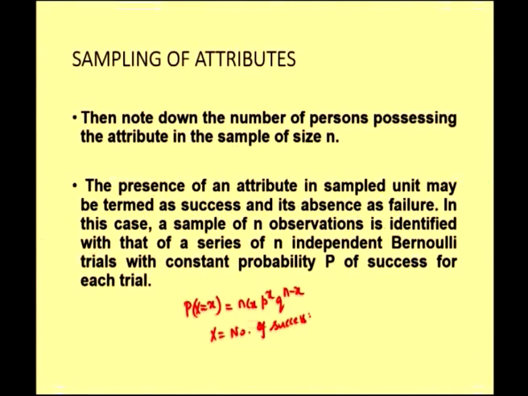N independent Bernoulli trials becomes a binomial distribution, okay, where x represents the number of successes. This number of successes is the number of persons possessing the attribute in the sample of size n, and this is actually x, because success is termed as possessing the attribute.